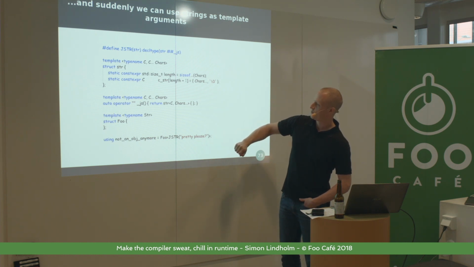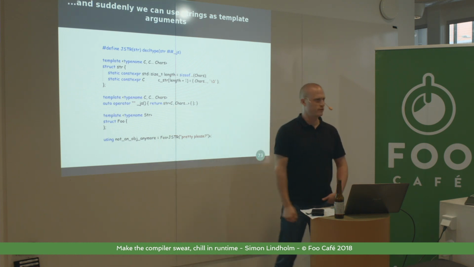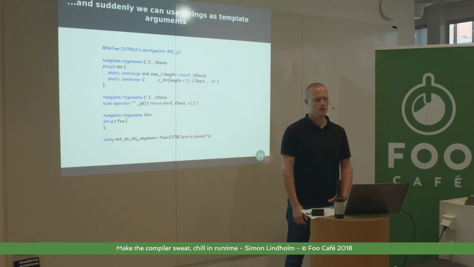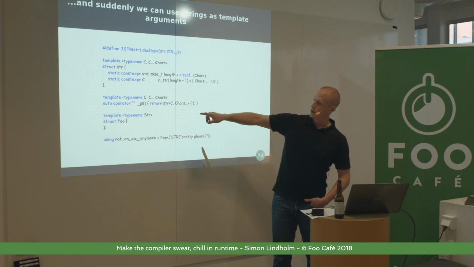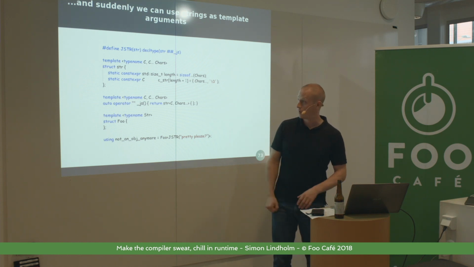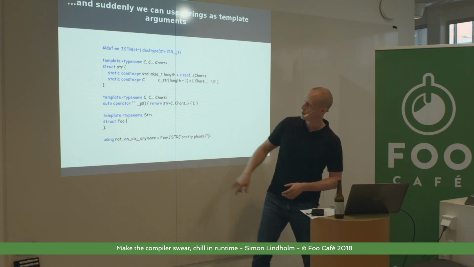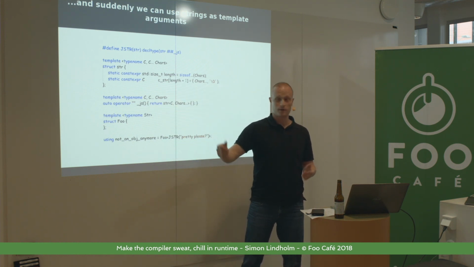Let's see here. Where should we begin with this? So let's start with the user-defined literals, which is new since C++11, I guess. All right. So typically you will return some particular type from a user-defined literal operator, but apparently this particular setup is perfectly fine according to the standard.